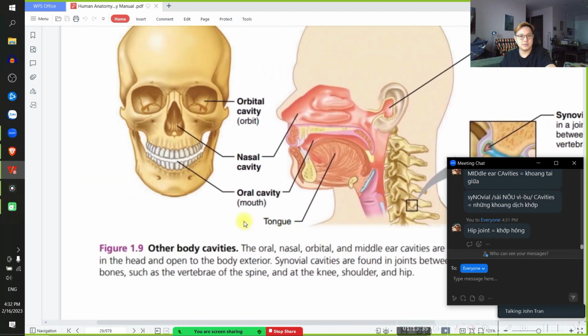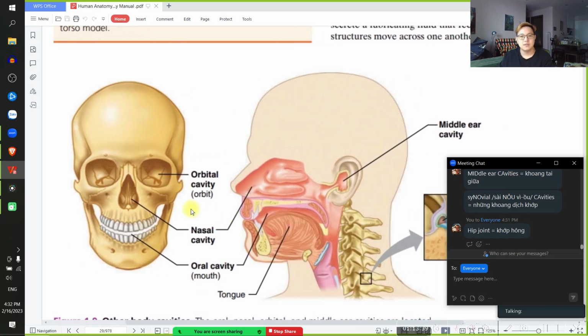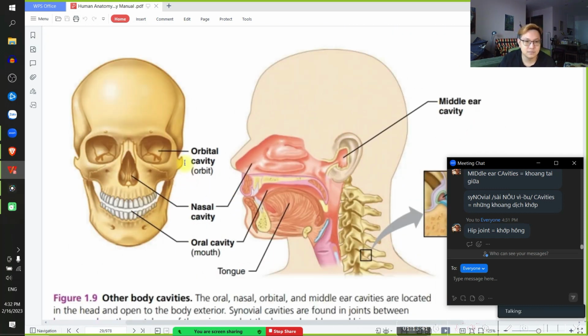Okay, you can see the pictures here. This is the orbital cavity, the eye socket. This is the nasal cavity.